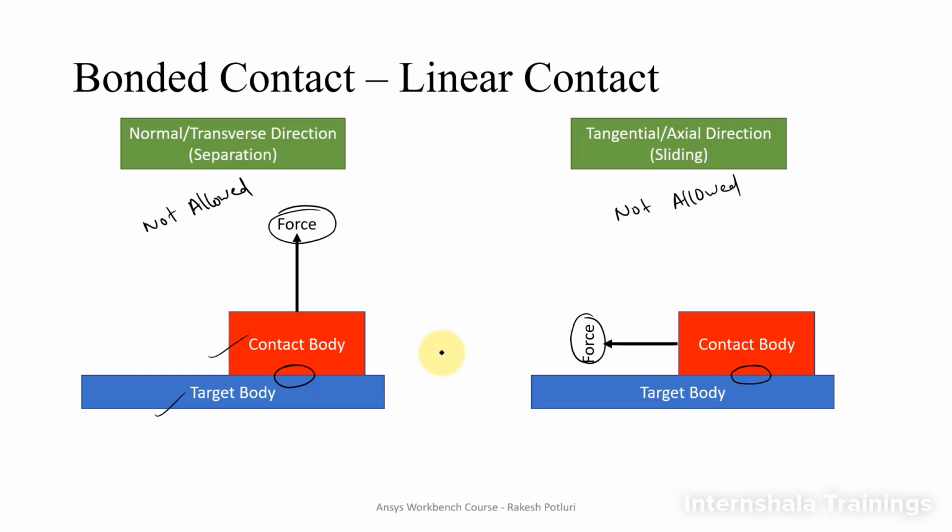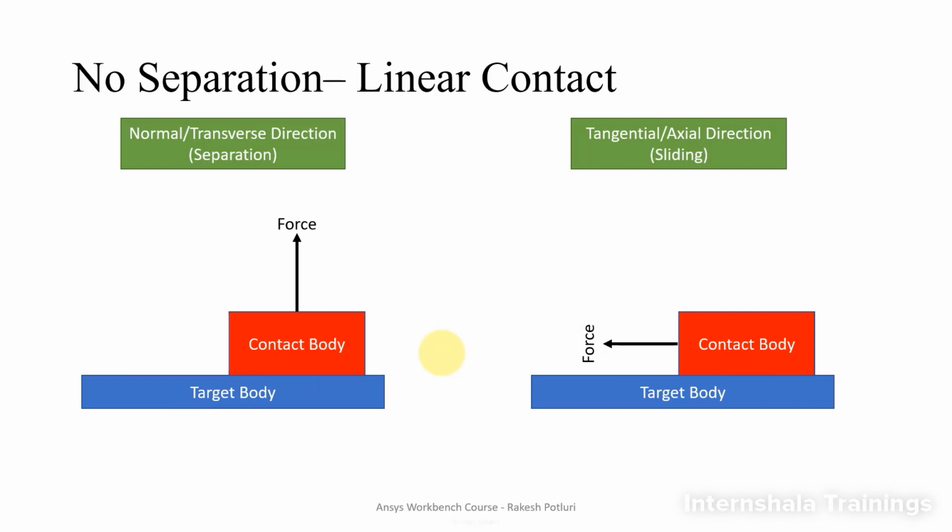Then the next type of contact we are going to see is called a no separation contact. And you can see this is also a linear contact. But what is the difference between the bonded contact and the no separation contact? As the name states, no separation: if I apply the force in the transverse or normal direction with a no separation contact here, this contact body cannot be separated from the target body.